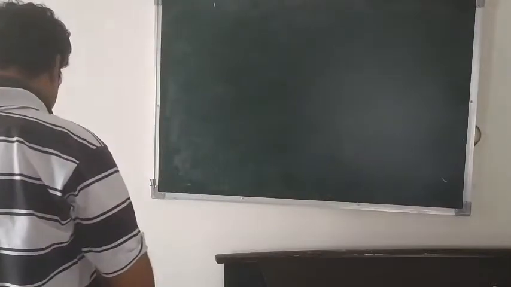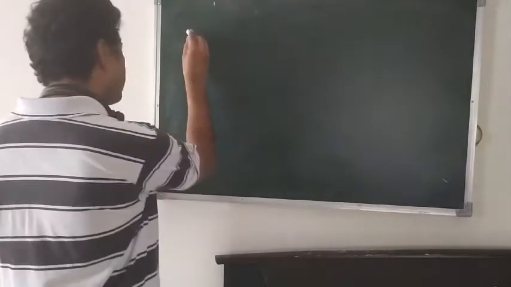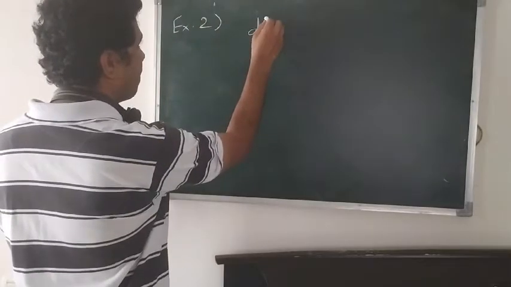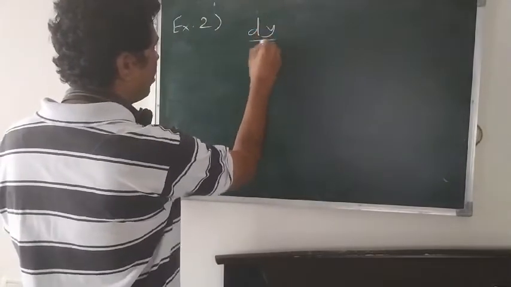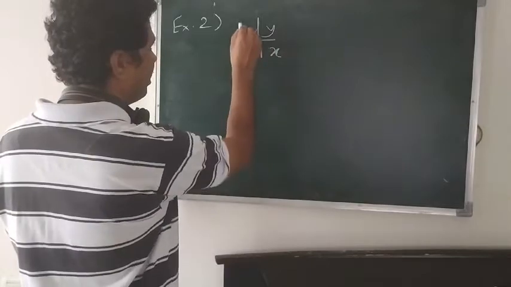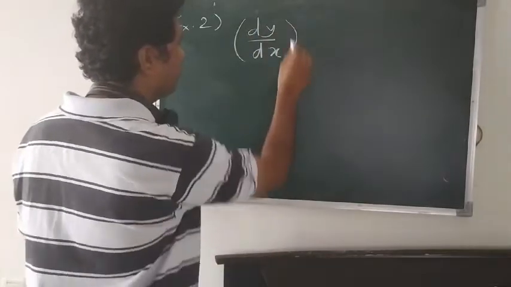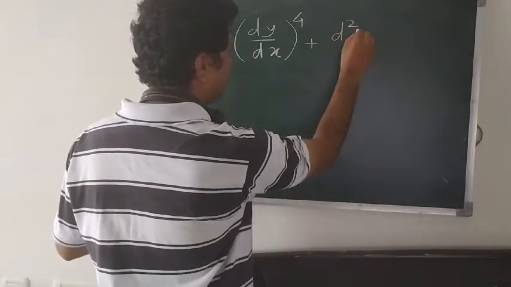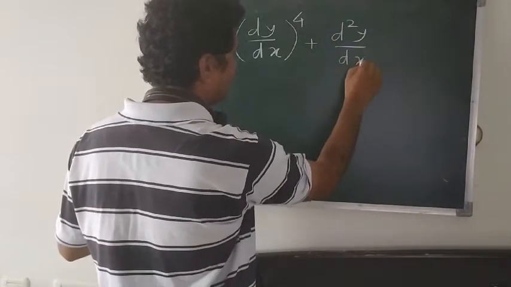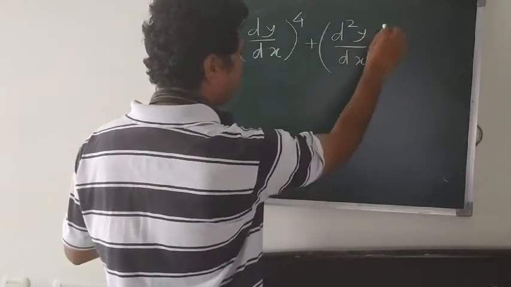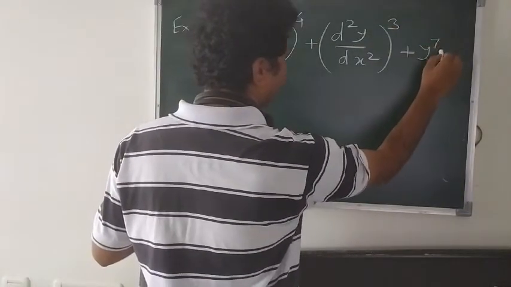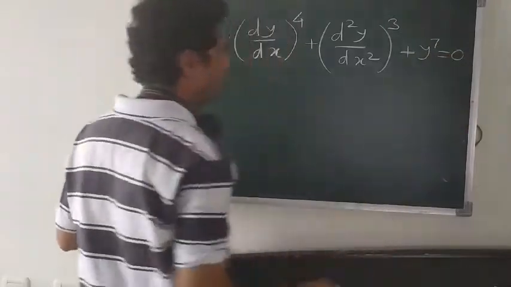Let us see another example. (dy by dx) raised to 4 plus (d2y by dx square) raised to 3 plus y raised to 7 is equal to 0.